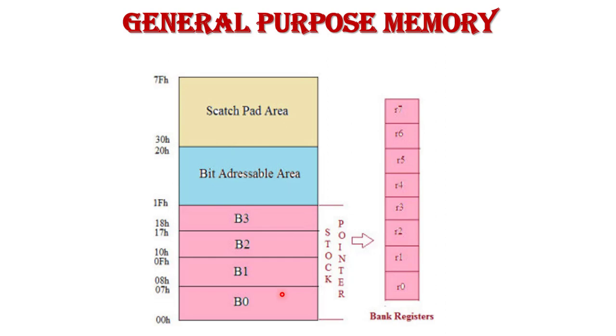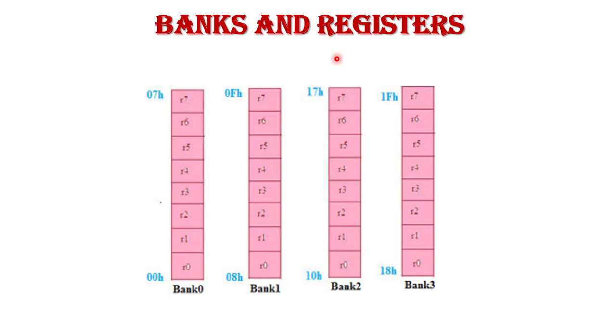As we know, the 8051 has four register banks, that is bank 0, bank 1, bank 2 and bank 3. Each bank contains different general purpose registers such as R0 to R7. As I have already told, the 8051 has four register banks in the general purpose area of RAM.